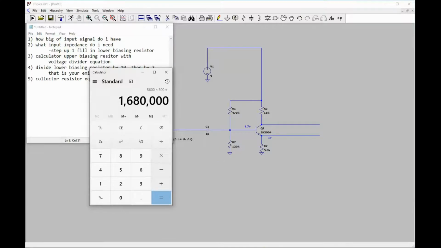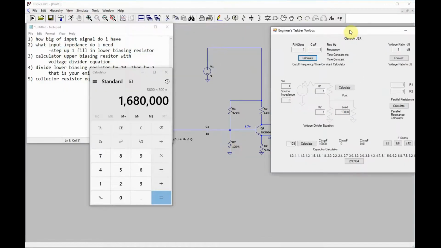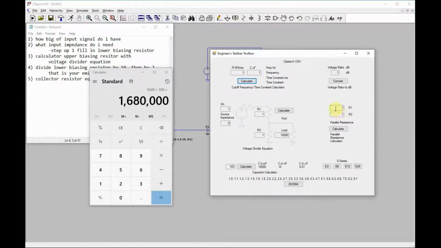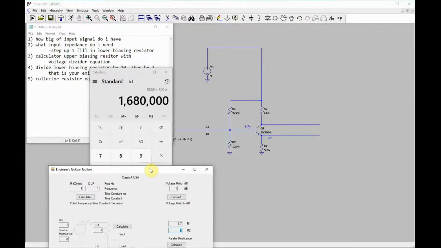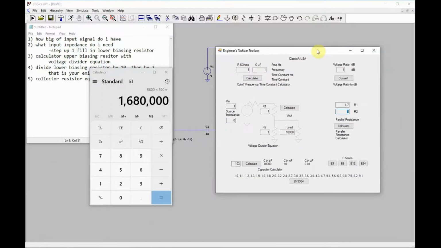So I'm going to get out my calculator that I built, and we'll say 1.7 megs, and that gets paralleled with 470, which I'm going to say is 0.47 megs, and that gives us 368K.